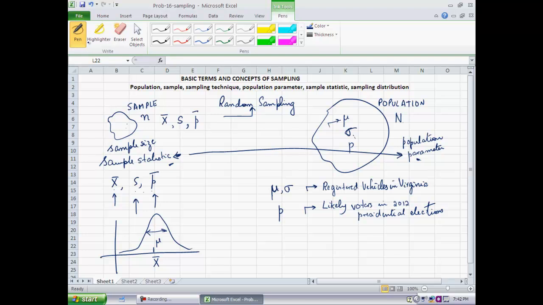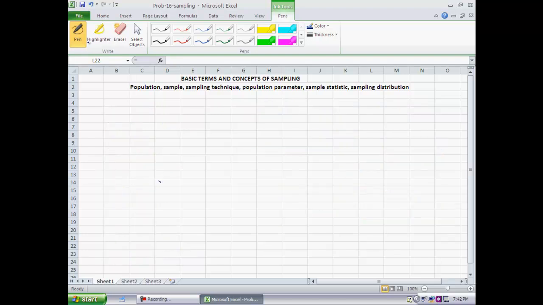And every random variable has a distribution, in other words, a pattern of uncertainty. The pattern of uncertainty of every sample statistic is called its associated sampling distribution. So you have a sampling distribution of the sample mean, a sampling distribution of the sample proportion, and a sampling distribution of the sample variance.